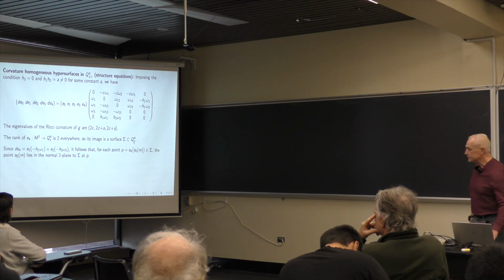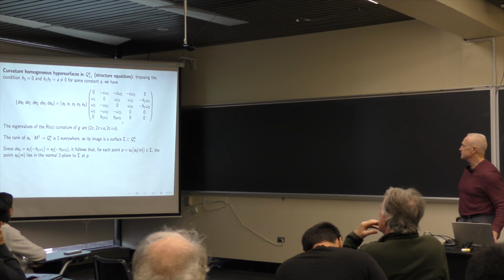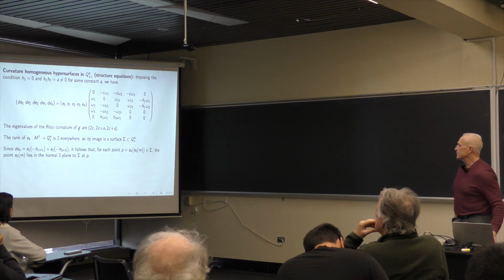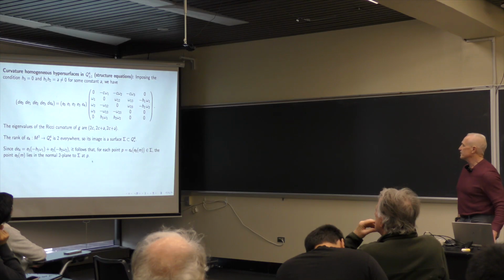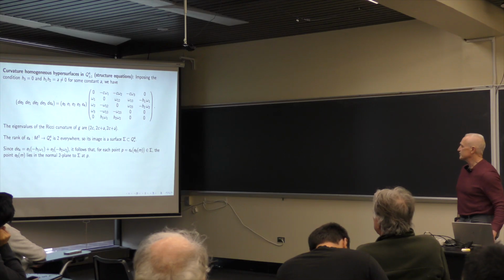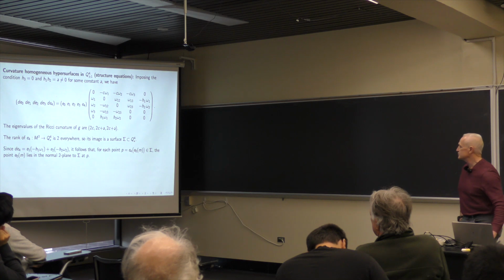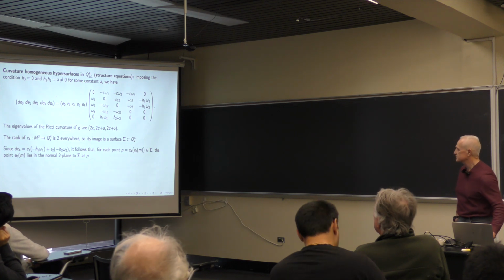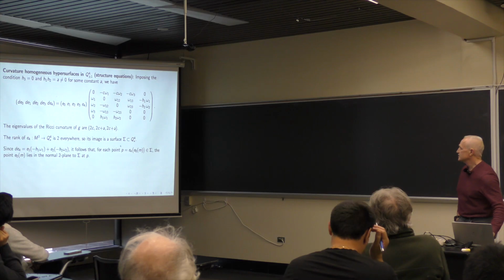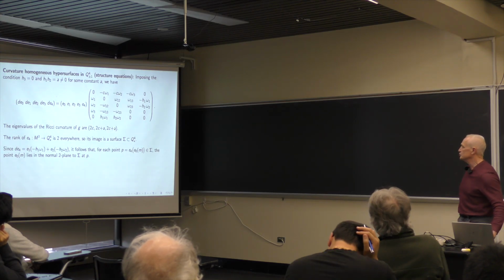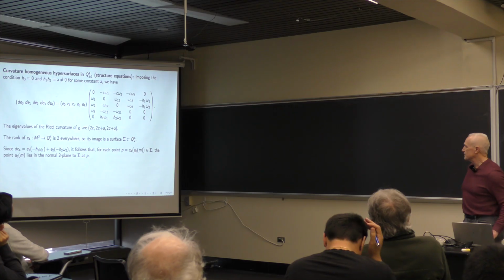And in fact, since the differential is a linear combination of E1 and E2, then for every point in this image surface, this point E0 lies in the normal 2-plane to the surface, because the tangent space to the surface is E1, E2 at the point.